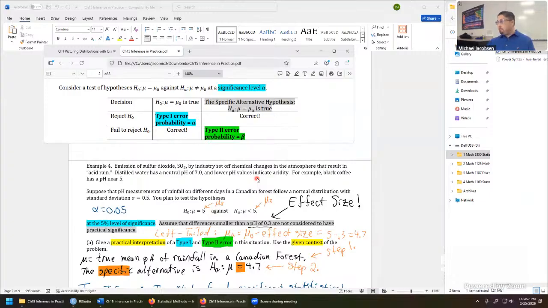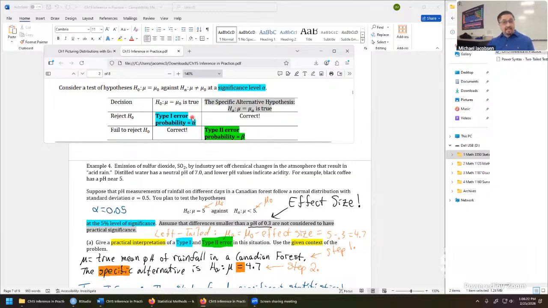Okay, again, before any data is collected, there's a lot of work that goes into this. They are going to decide on the effect size, the type of the test, the alpha level, the level of significance, the benchmark they have to reach before they even reject the null hypothesis. But they would also absolutely do this. They're going to put into words, so everyone knows the ramifications of both these errors.